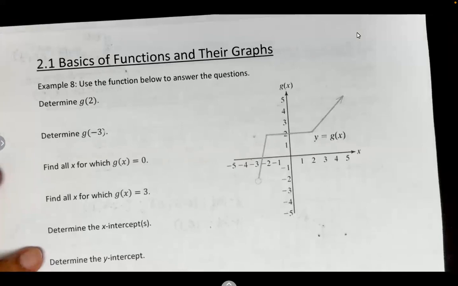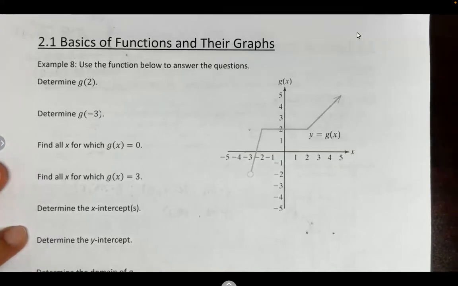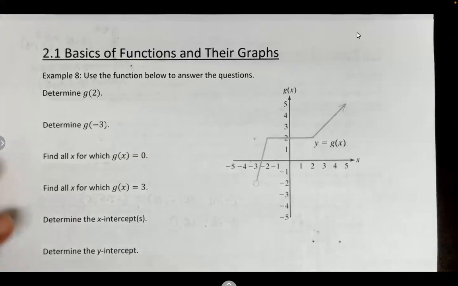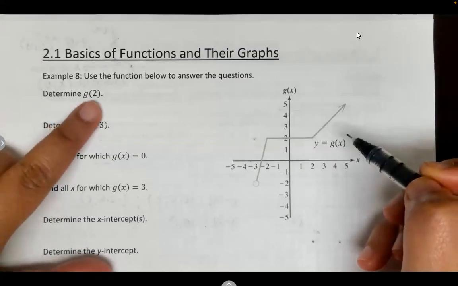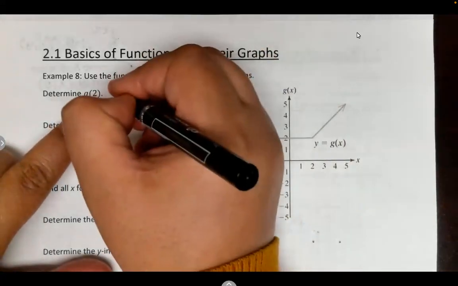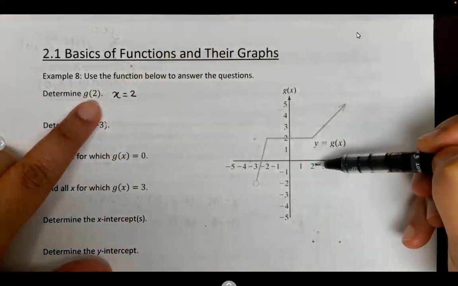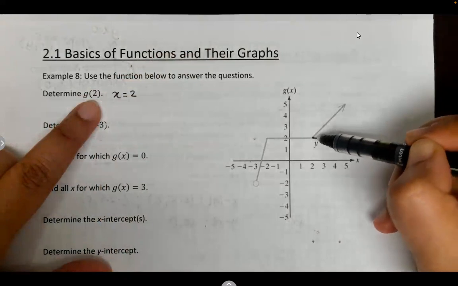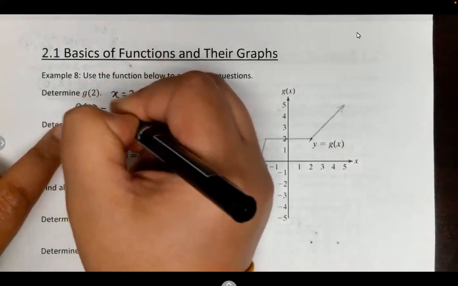Now we'll work on this example to answer all of this. This is just a summary of what we have learned in this section. Looking at the graph, you are going to answer this. G of 2, which means when x is 2, what is the value of y? When x is 2, the value of y is 2. So G of 2 is 2.